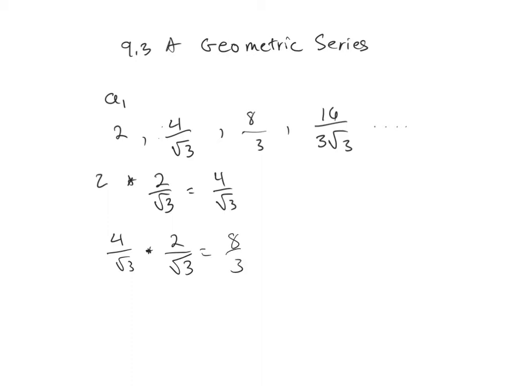It's working so far. And then the last one, 8 over 3 times 2 root 3. That gives me 16 over 3 root 3. So this is a big yes. It is a geometric series.